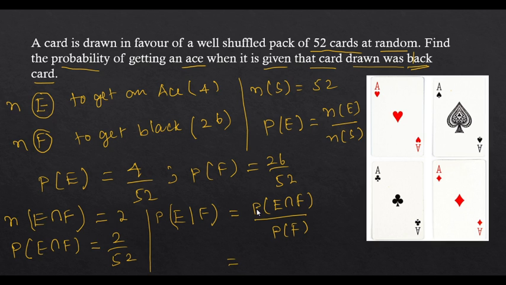P of E intersection F is 2 by 52, divided by P of F, which is 26 by 52. It means 1 by 13. That is the answer. Do you understand?